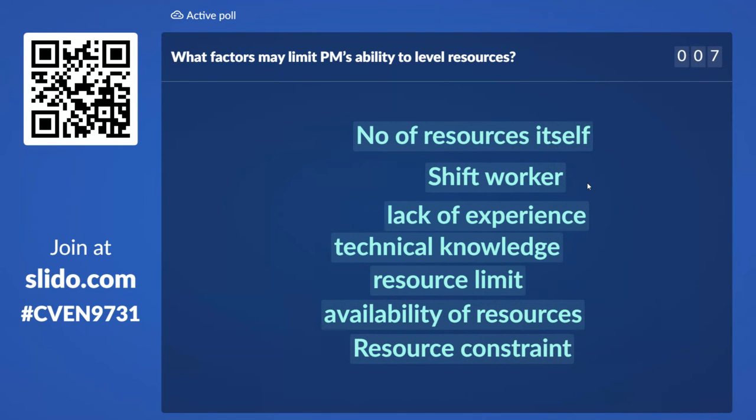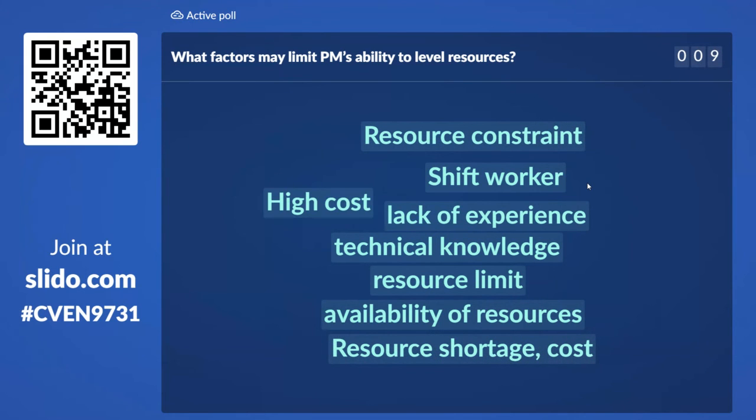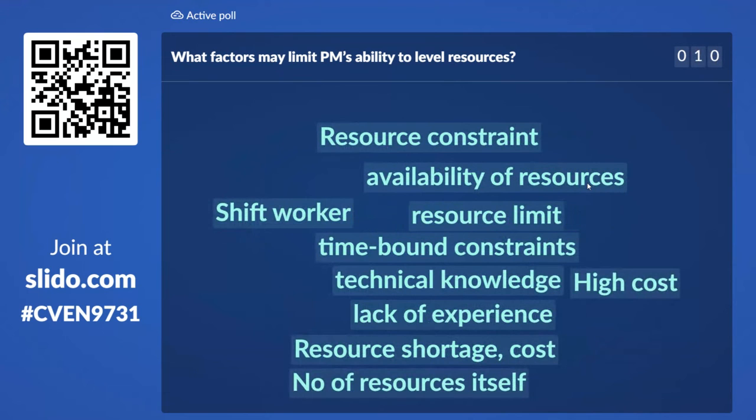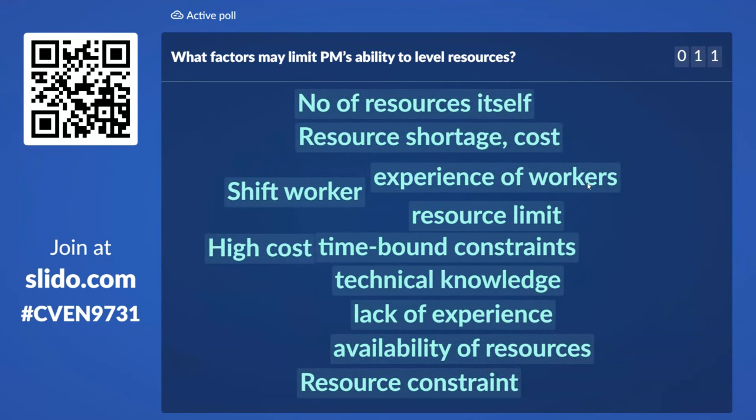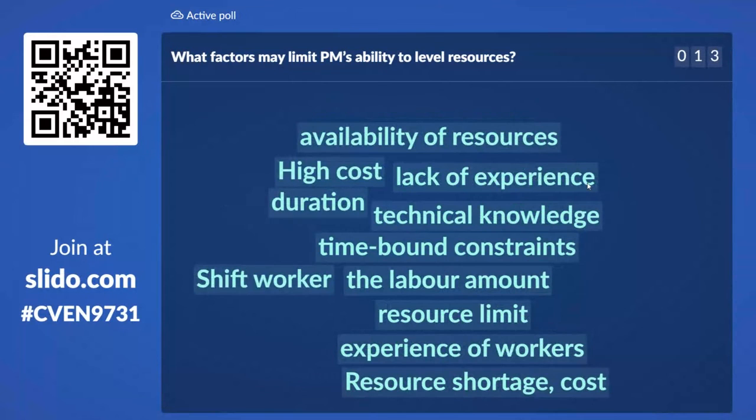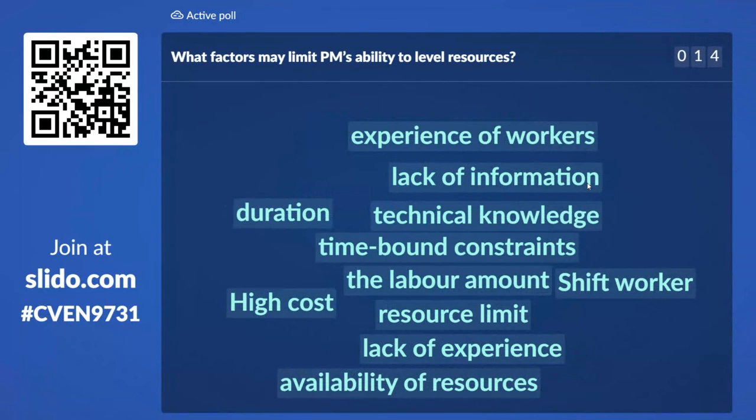Number of resources, shift worker, lack of experience, technical knowledge, resource limit, availability of resources, resource shortage, cost. And sometimes the task cannot be done. There you need to have specific experienced people in order to do the task, so you cannot give tasks to anyone. That is a limiting factor. They need to have enough knowledge.